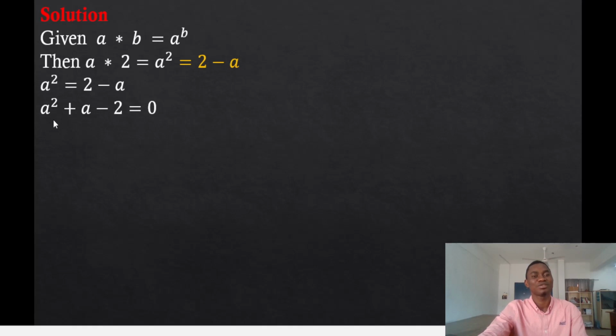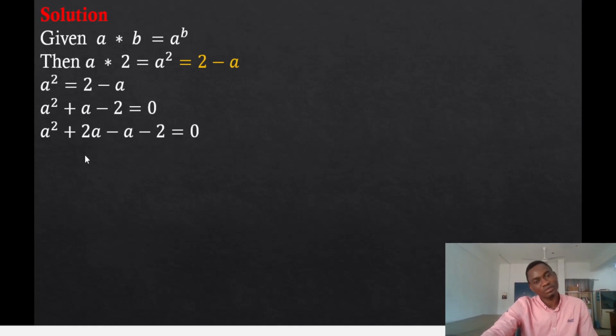So we now have our quadratic equation in standard form: A squared plus A minus 2 equal to 0.